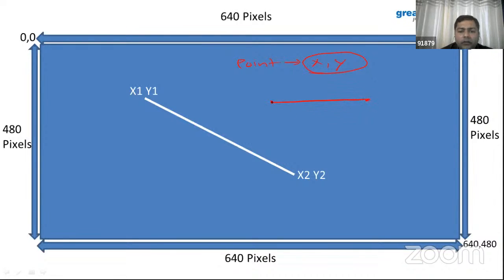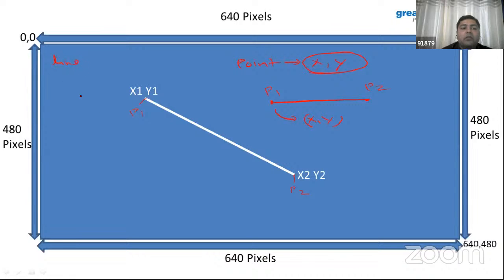So in any coordinate system, in order to draw one point, how many coordinates are required? X and Y, which is horizontal and vertical. And of course, this is point one, this is point two. In order to draw a line between them, you have to use the function called line.